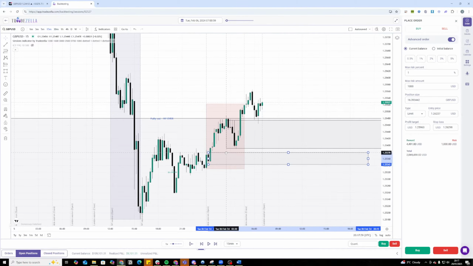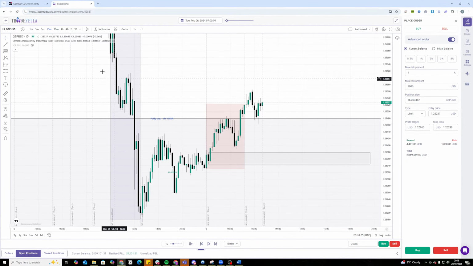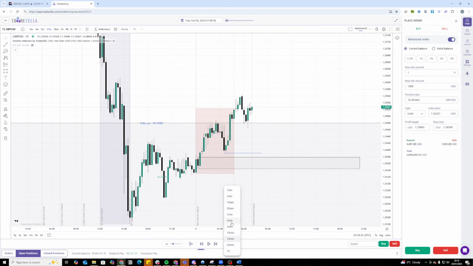I would probably look to enter from here, because, as I said about the inducement or the liquidity to take out before, we've got this liquidity here to take out just before our area of supply. So we want an area of supply, and then we want liquidity or inducement to take out just before that area. This is our area of supply. This is our liquidity to take out. So let's see if we can get a pullback into this area, and if not, then we don't have a trade today.